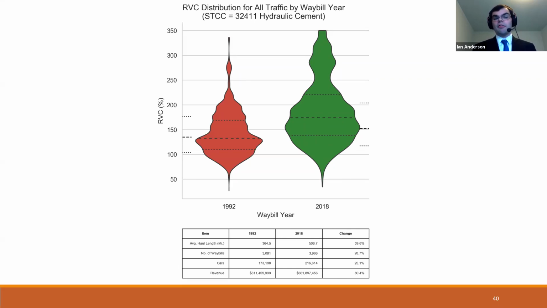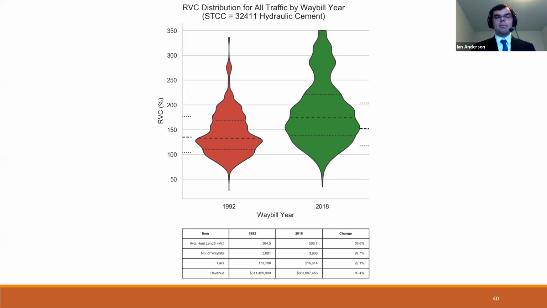So you see here the violin plot for hydraulic cement, all records for each waybill year. What does it show us? In this violin plot, we can see again that RVC ratios are rising based on the shift in probability densities. And also, we can see that traffic volumes are growing based on the size of the 2018 violin plot, the green one on the right.